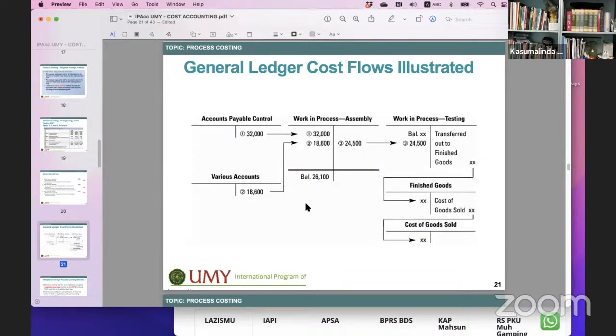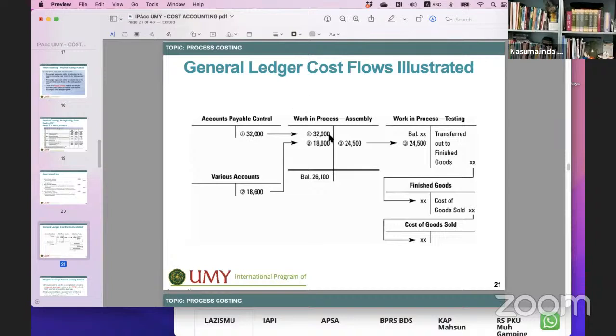using the figures. Okay, kalau tadi kita sudah lihat the flow of course, but only the arrows without the figures. Kalau with the figures, some students find it more clear, easy to understand when they use figures. Okay, contohnya tadi is accounts payable control. Here is actually to record the purchase of the raw materials and so on.